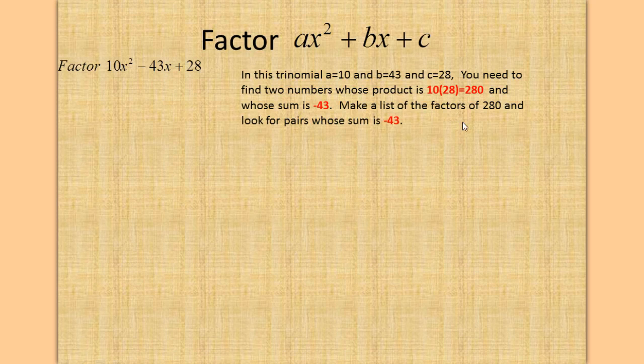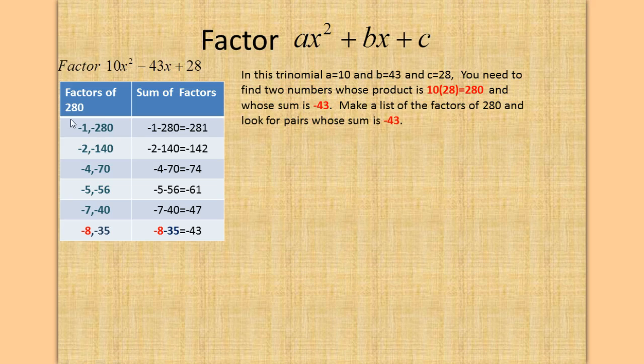Make a list of the factors of 280 and look for pairs whose sum is minus 43. We start with minus 1 times minus 280, and adding those together we get minus 281. Well, we're looking for minus 43. Then minus 2 times minus 140, and adding those is minus 142.